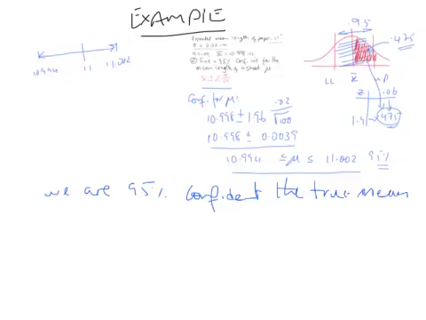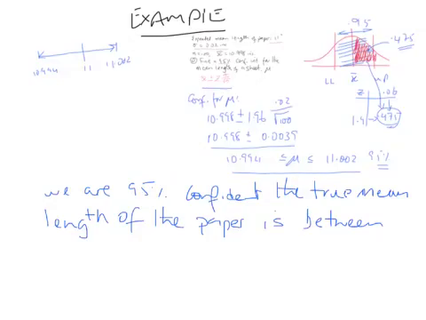The true mean length of the paper is between 10.994 inches and 11.002 inches. Can we be wrong?